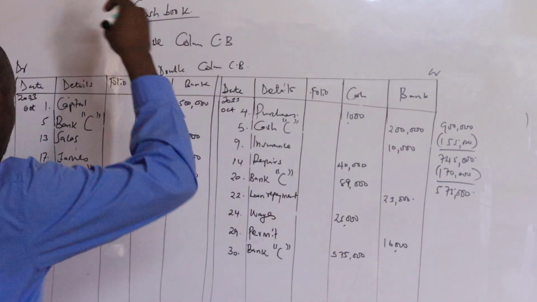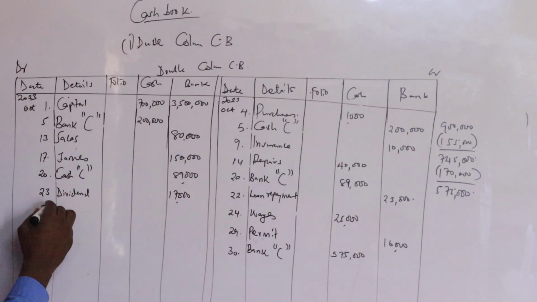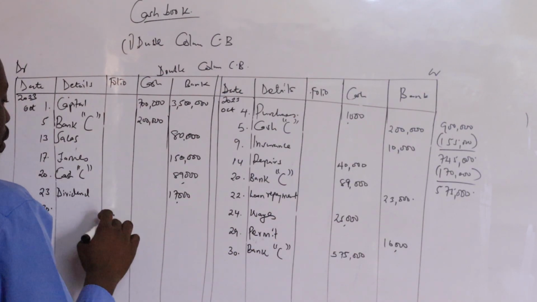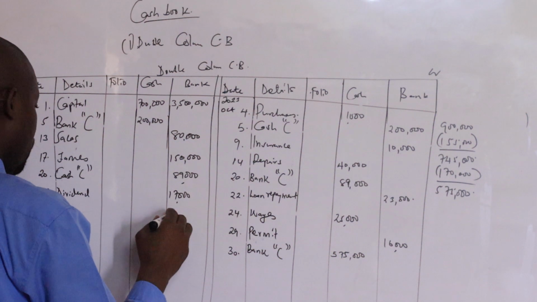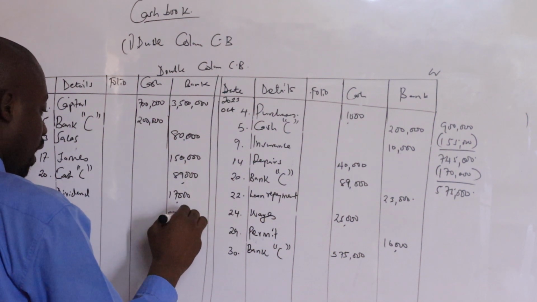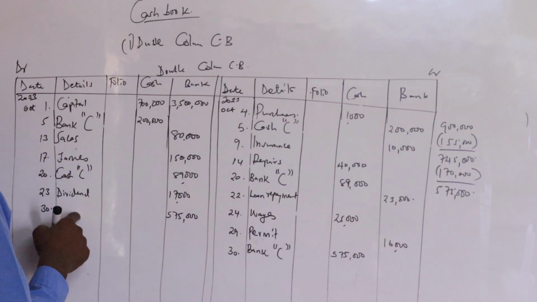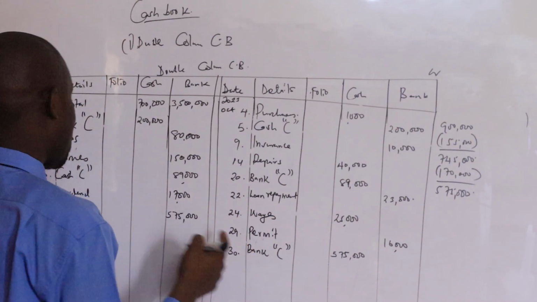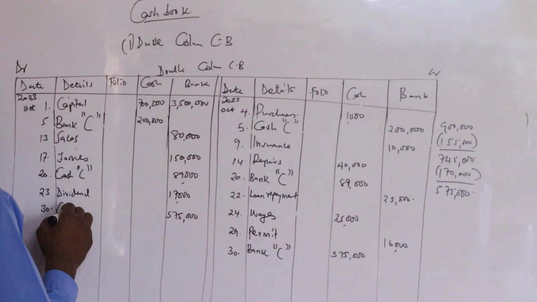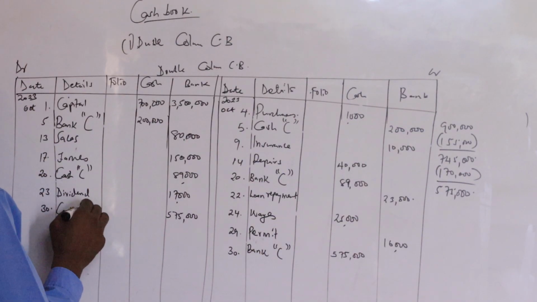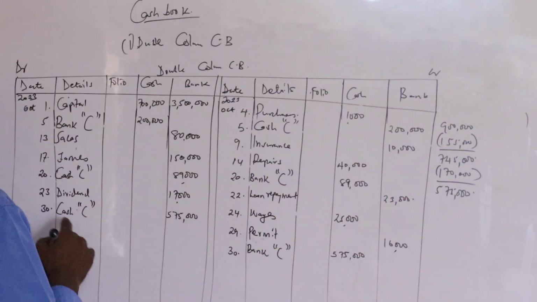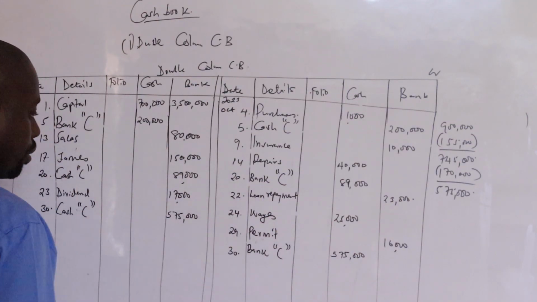We walk to the bank and deposit that amount on the same 30th. That amount is supposed to enter the bank column, that is 575,000. Where is it coming from? It is coming from cash till. So record here cash and show that it's a contra entry. So we've done the recording.